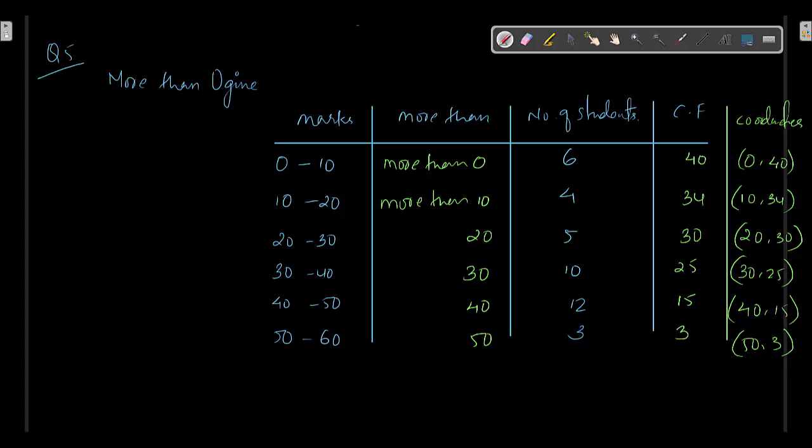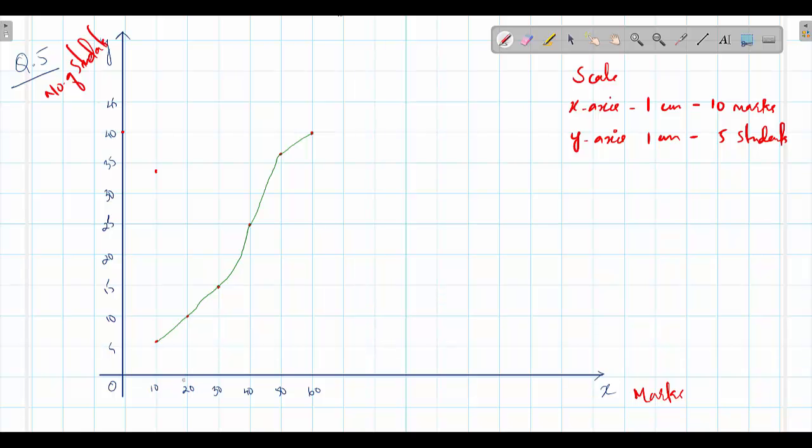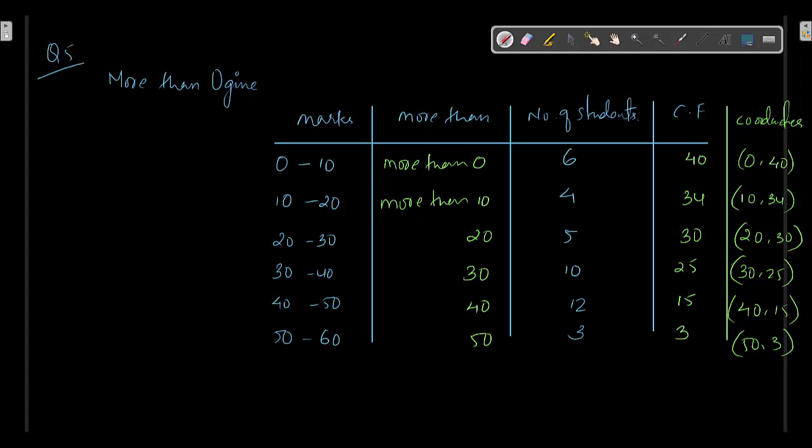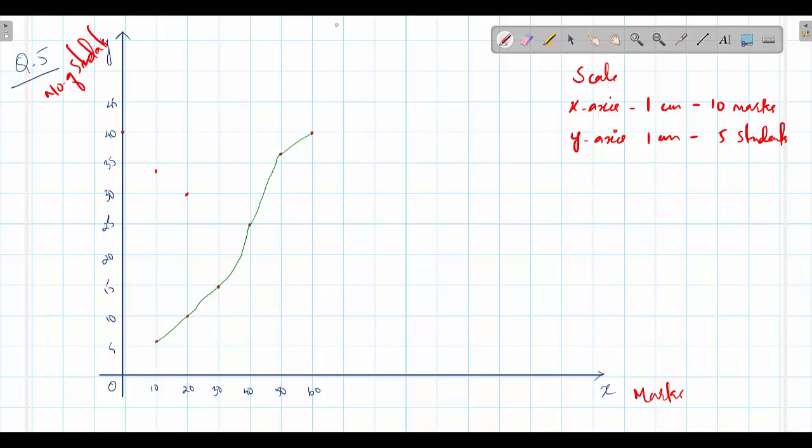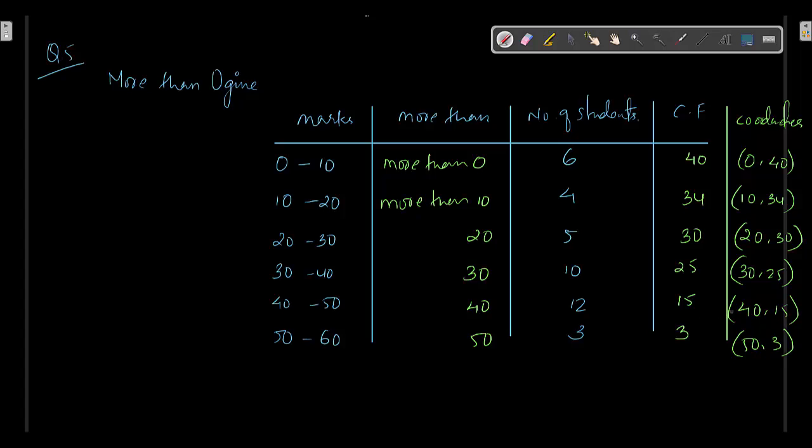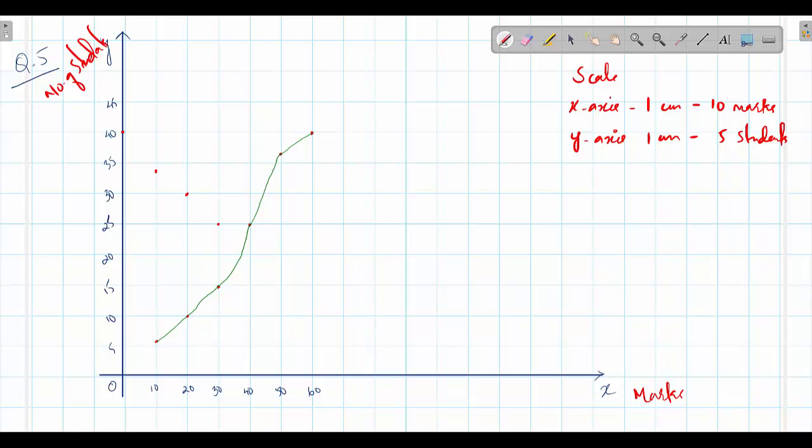More than 20 is 30. So 30 is here. More than 30 is 25. More than 40 is 15.